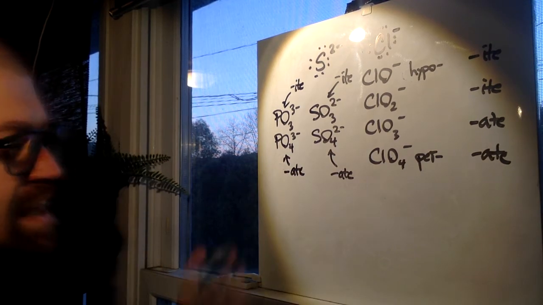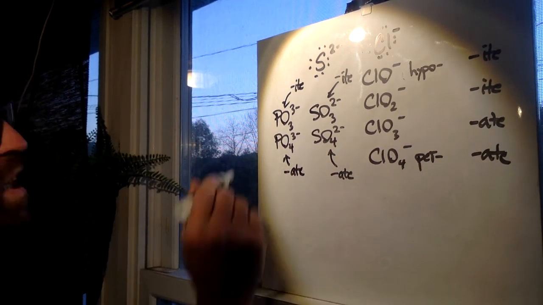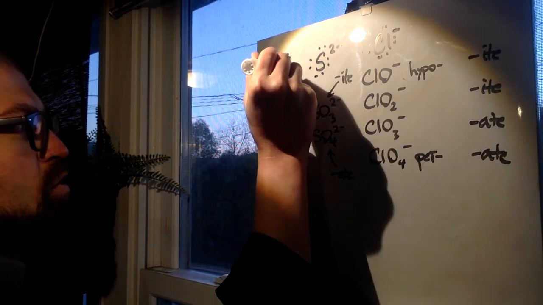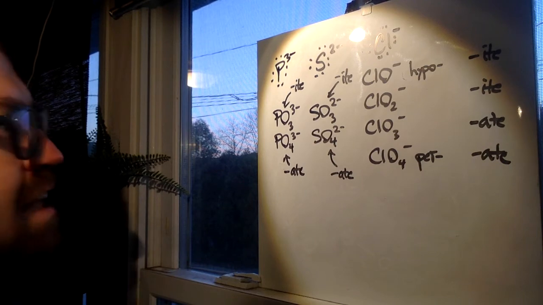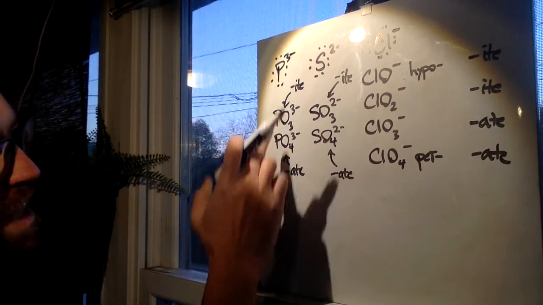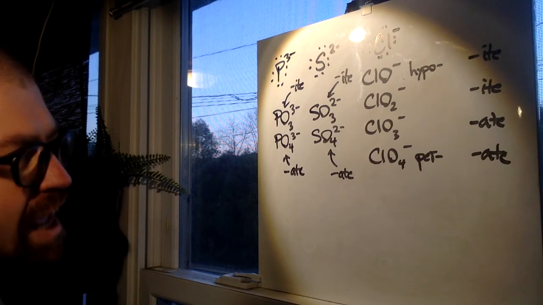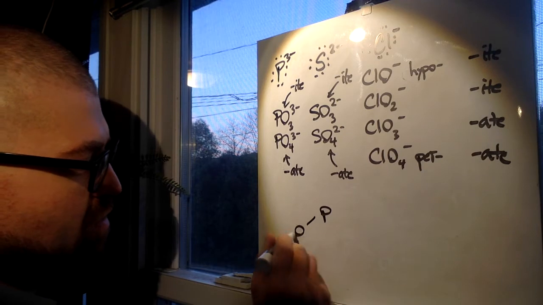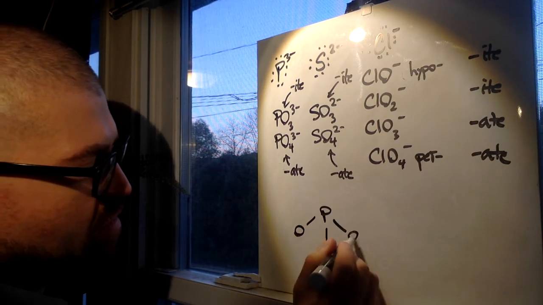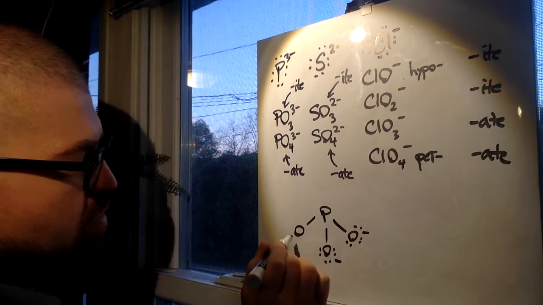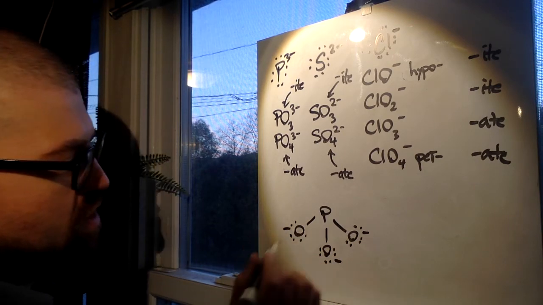Right? And again, it's going to follow that trend, and you can kind of envision the lone atom, the monoatomic ion of phosphorus, as having the same charge as these guys. And again, there's going to be a similar dynamic here. So phosphorus would have, in phosphite, 3 oxygens with a negative charge.